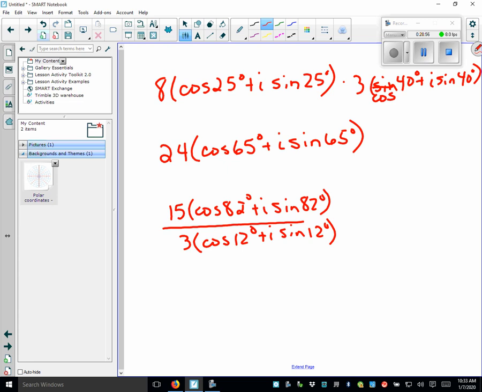You divide the R's and then you subtract the angles. So 5 cosine of what? 70 degrees plus I sine of 70 degrees. Is that polar form? Yes.